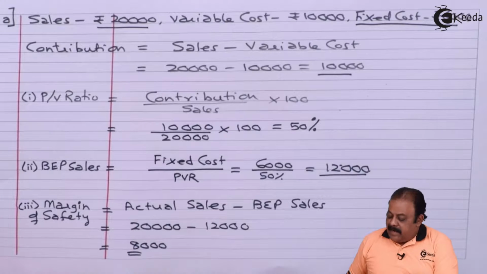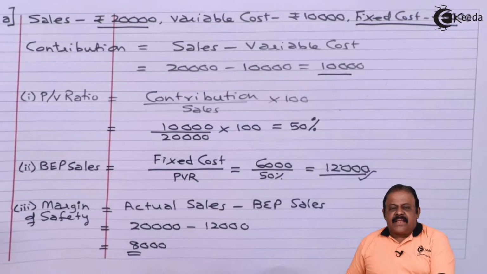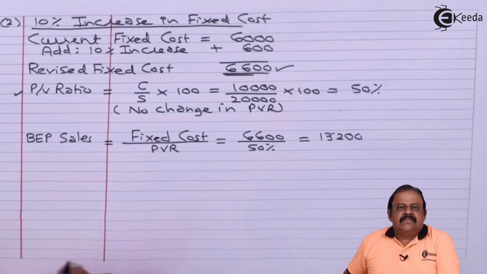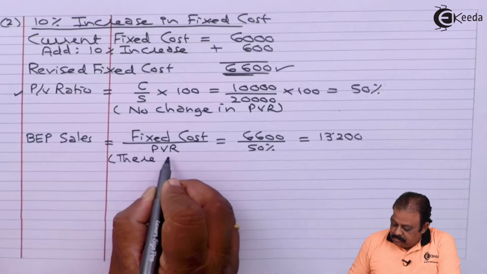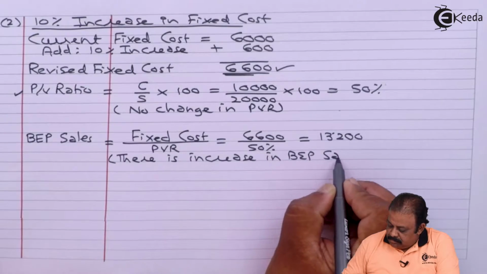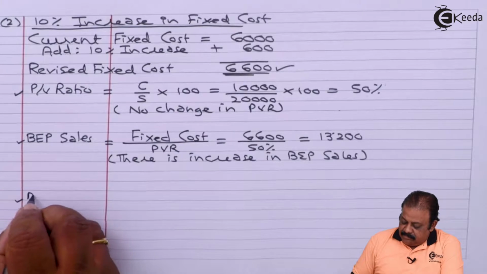At original level, break-even point sales was 12,000. Now the revised break-even point sales is 13,200 because there is an increase in the amount of fixed cost. Next, margin of safety.